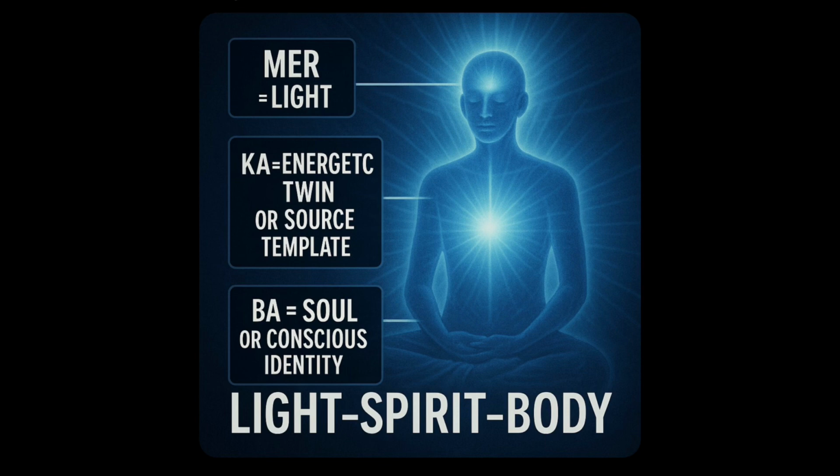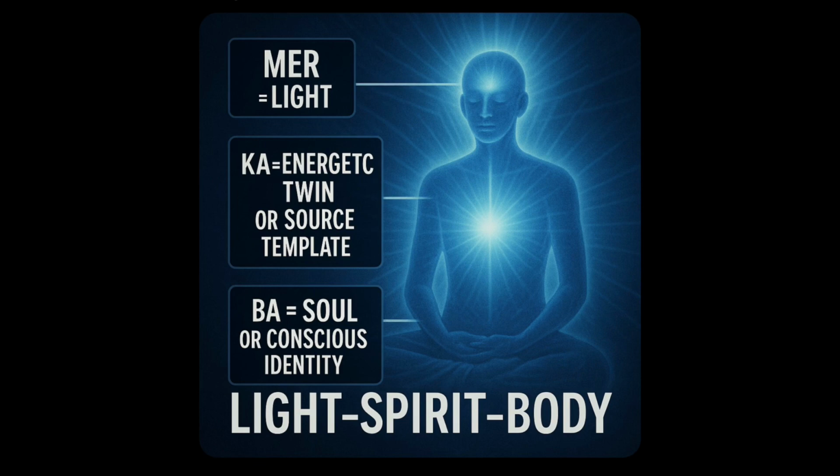So your Ba could be your soul contract. Your Mer is the amount of light or wisdom that you hold, and the Ka is the healed version of you. And when you add Mer and Ba together, you get the Ka.